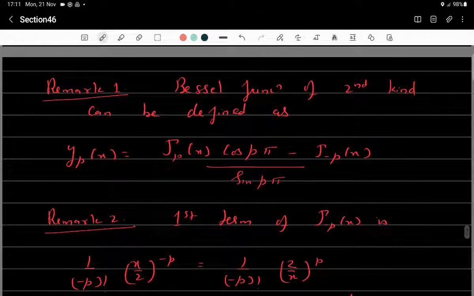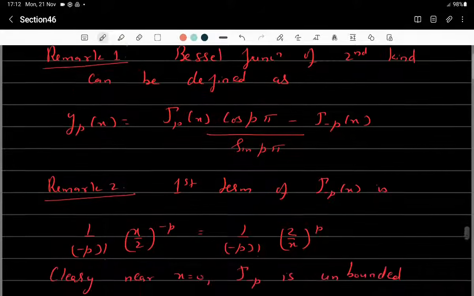This is an important observation: if you see the first term of J_{-p}(x), it is actually 1 by (-p)! (x/2) raised to the power -p, or I can write it as (2/x) raised to the power p. Now about x equal to 0, because p is positive, it is not bounded, it goes to infinity when the limit x tends to 0.